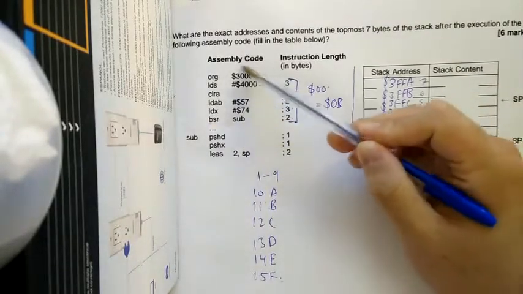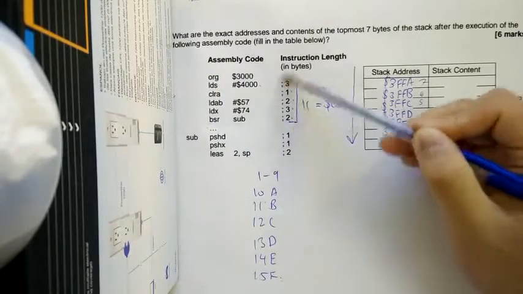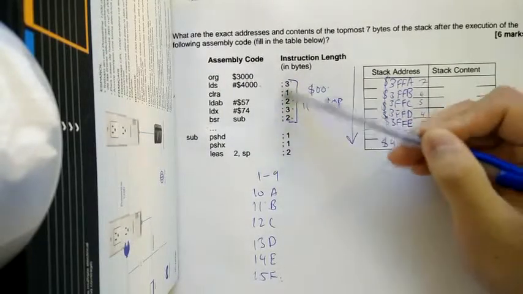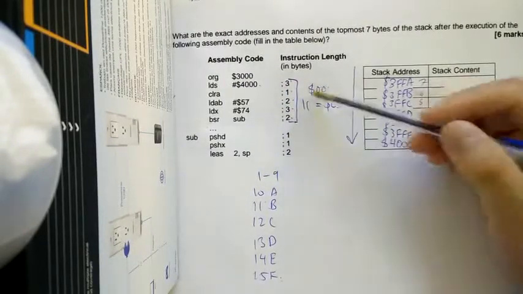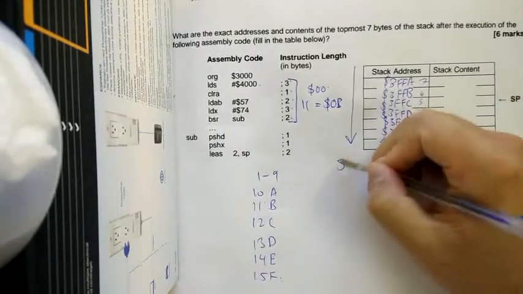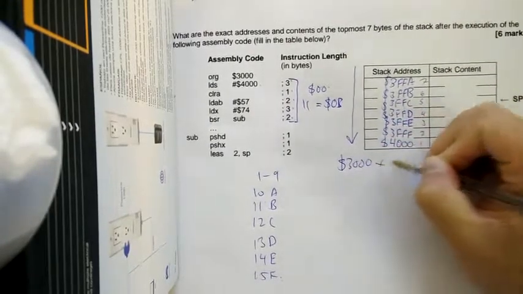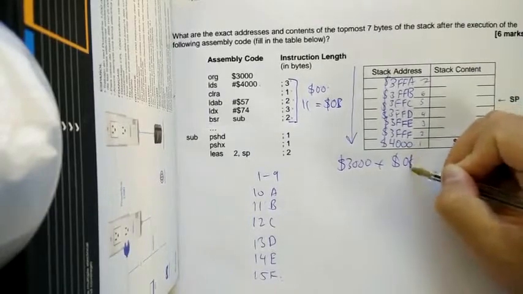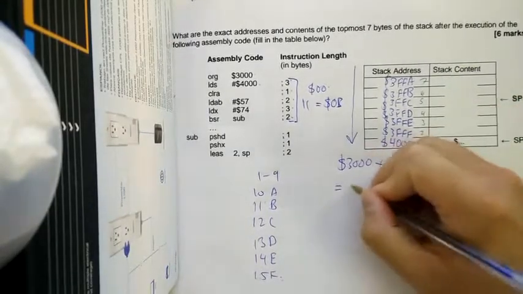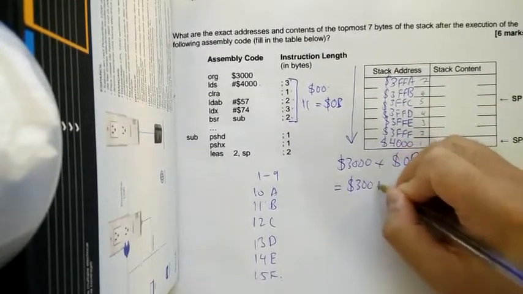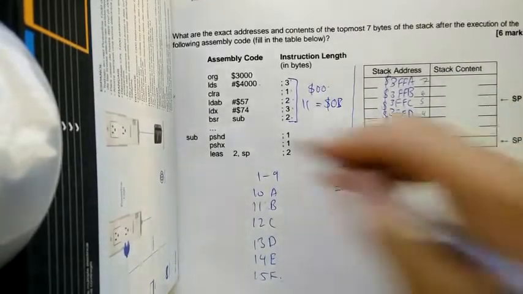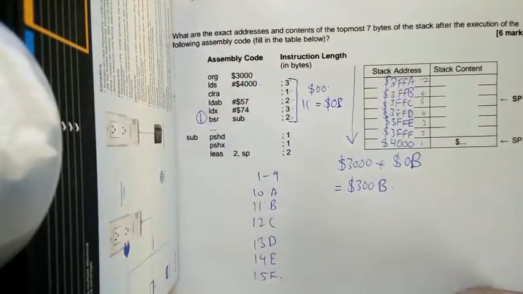Since we did a BSR sub, we take 3000, add up all the instruction lengths up to that point, and put it in. So we take 3000 plus $0B, and that equals $300B.